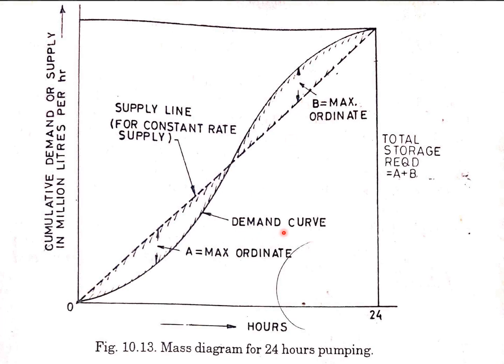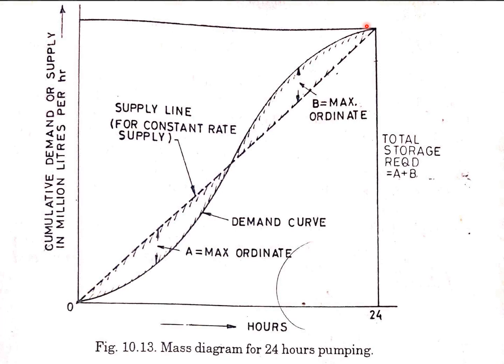So what is the storage required அப்படின்றது கண்டுபிடிக்க, we follow this Markov method, time versus the demand. Okay, so this line represents the constant supply. Suppose 200 million liters water constant supply பண்ணிட்டு இருக்கு. Okay, but the demand is varied based upon the hour. நாமளே சொல்லியிருக்கோம், based upon the hourly demand, variation in demand இருக்கும்.